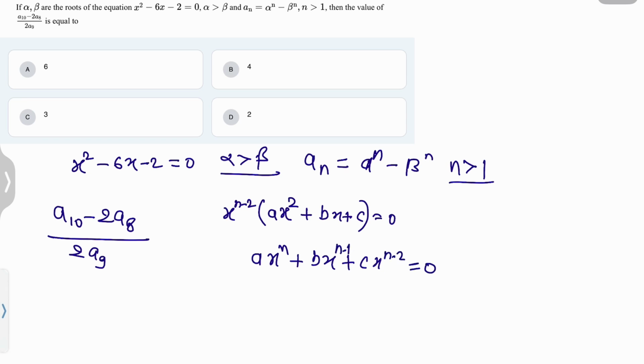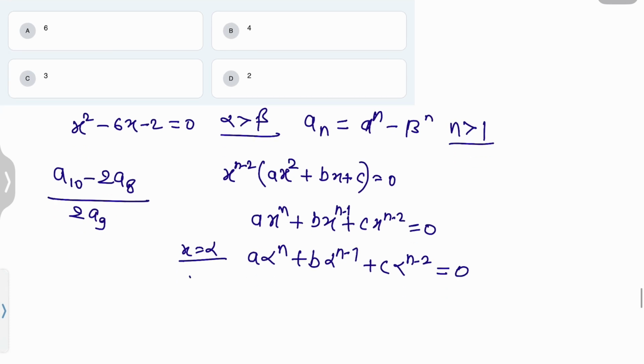Suppose alpha is a root and beta is also a root, so both satisfy it. Replacing x by alpha: a alpha power n plus b alpha power n minus 1 plus c alpha power n minus 2 equal to 0.